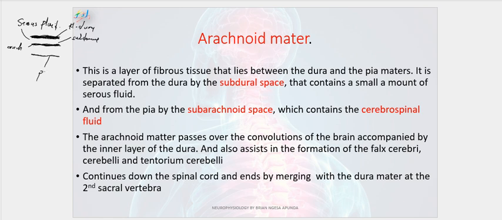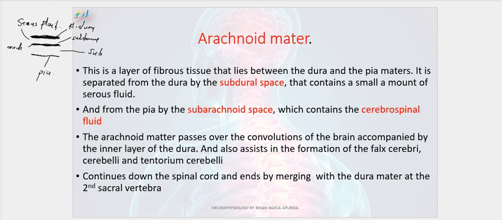And this now becomes the pia. In between the arachnoid and the pia lies a space normally called the subarachnoid space. It should make sense because it is below the arachnoid.